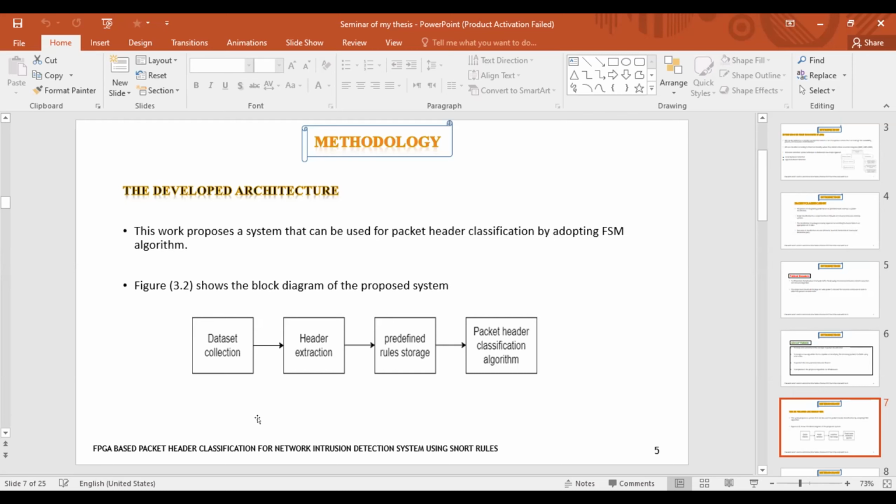The first one is dataset collection. After that, we extract just the header from this dataset, and we move to the FPGA, where we store the header in FPGA memory and compare it with the header coming from outside the FPGA.